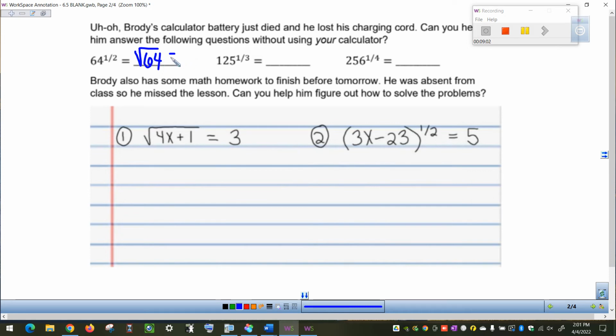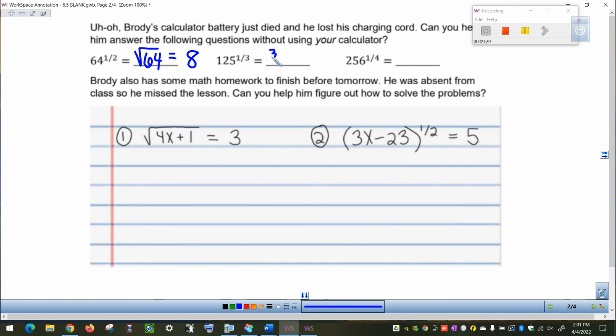So we can do an in-between step of putting it into the radical form, and we can think, okay, the square root of 64, what number squared is 64? And that would be 8. And even though it says to do this without a calculator, you could answer these by using the poster chart in front of you. You could look at the column of squares and figure out what number squared is 64.